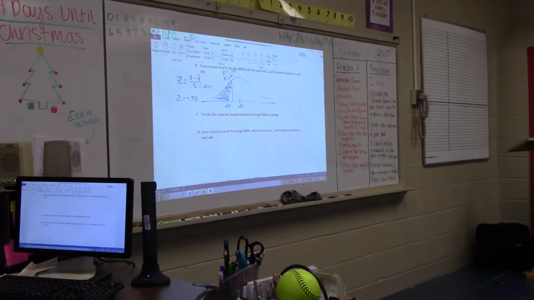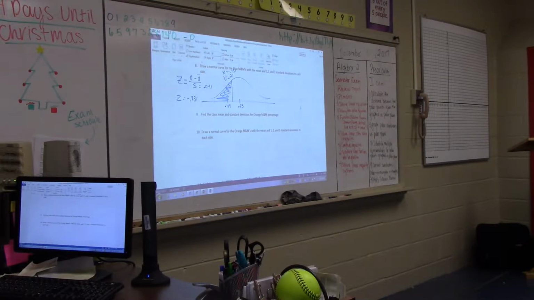Okay, so let's get that done. That looks much better. And it's telling you it's 0.8, which makes sense because this is 1.